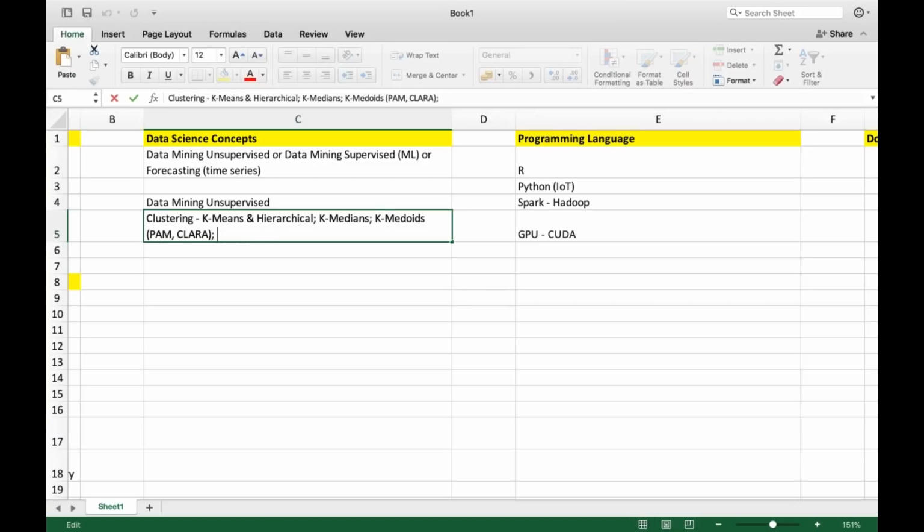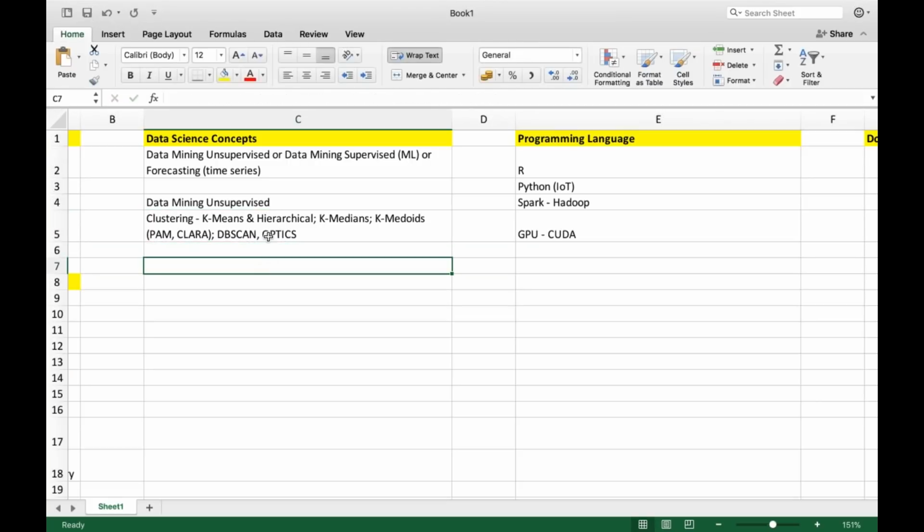Now, if you have very complex data, then you might want to use density-based clustering such as DBSCAN, OPTICS, etc. There is one webinar planned on 15th Feb or 16th, if I'm not mistaken, on these two, DBSCAN and OPTICS.